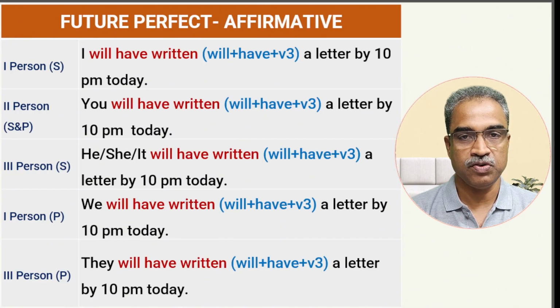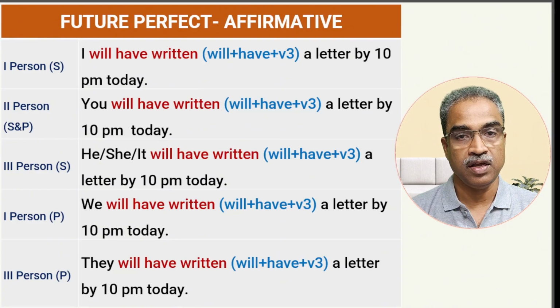I hope you understood what I said. I said an action which will be completed, perfected in the future. That's why it is called future perfect tense. The action is completed, perfected in the future at a specified time.